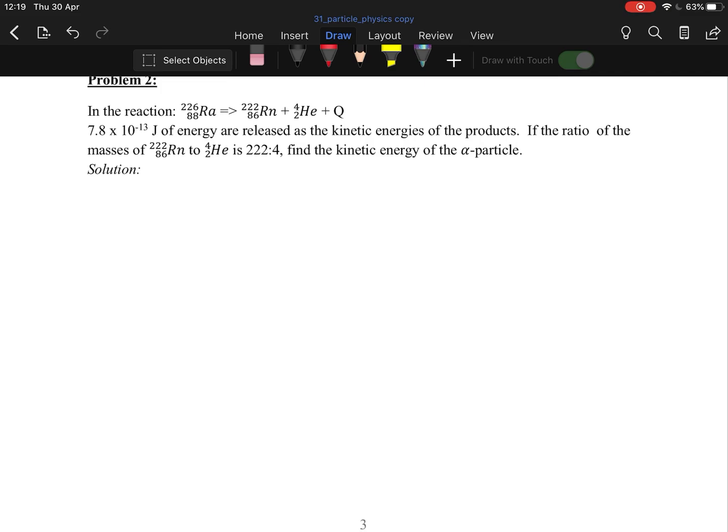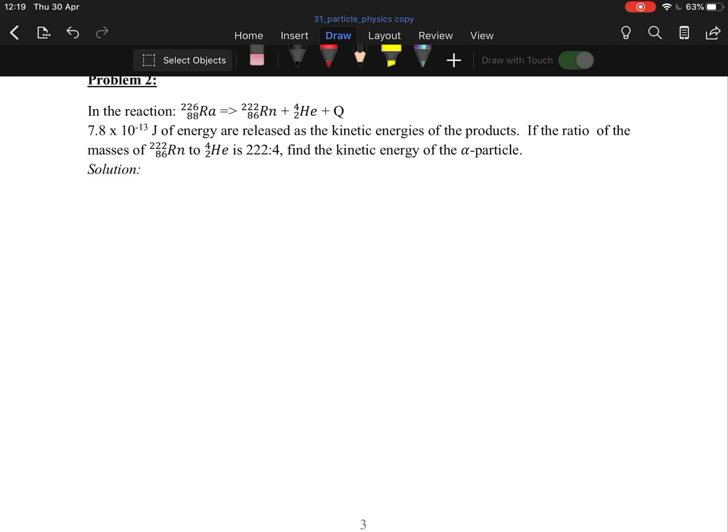In the reaction between these two particles, 7.8 by 10 to the minus 13 joules of energy are released as kinetic energies of the products. If the ratio of the masses of the products is 222 to 4, find the kinetic energy of the alpha particle.